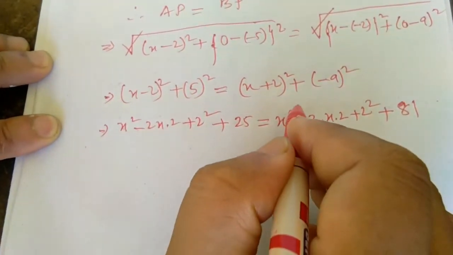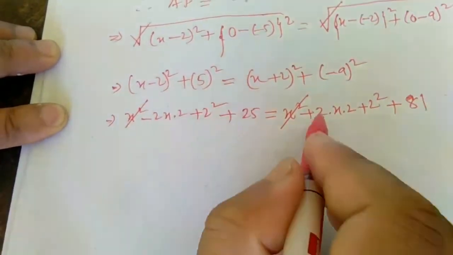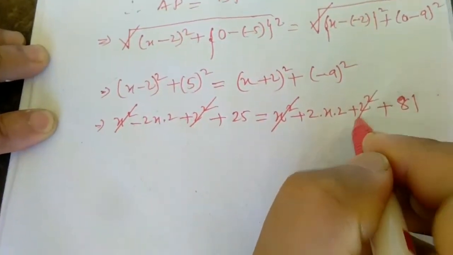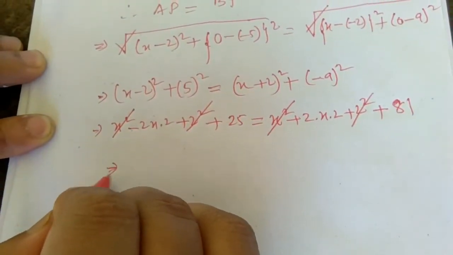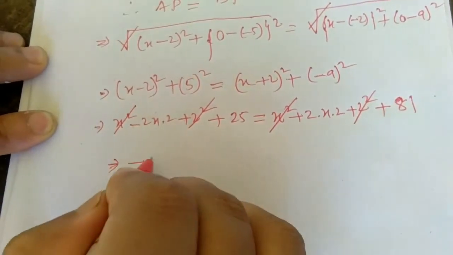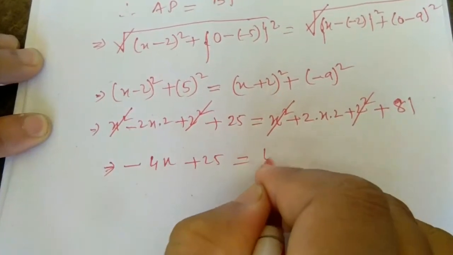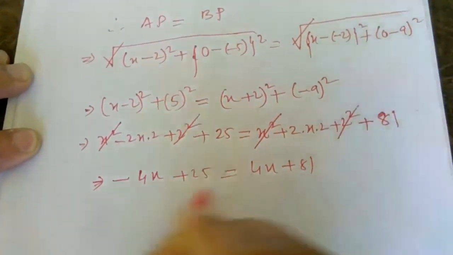Okay, x square from both sides we can cancel. 2 square from both sides we can cancel. Alright, minus 4x plus 25 equals plus 4x plus 81.